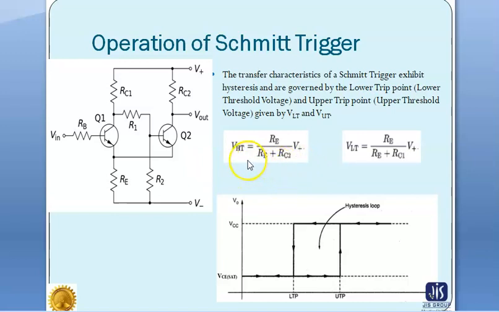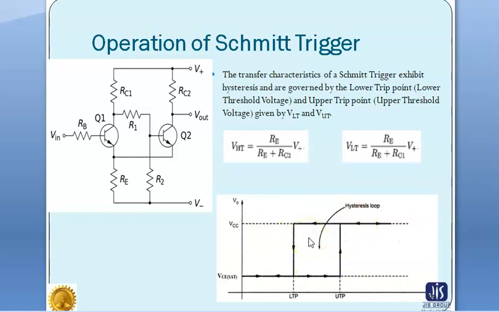Therefore, we have got the upper threshold voltage VT equal to Re by Re plus Rc2 into V plus. Similarly, the lower threshold voltage, as I said earlier, is Re by Re plus Rc1 into V plus. This is the transfer characteristics of the Schmitt trigger, that is the plot of input voltage versus output voltage, and after plotting we have got the hysteresis loop.